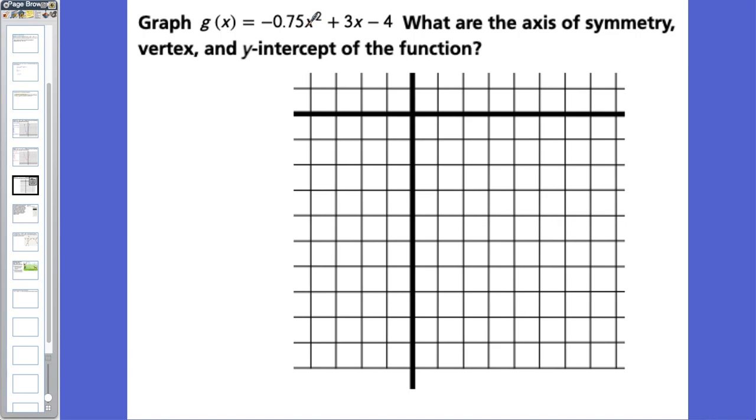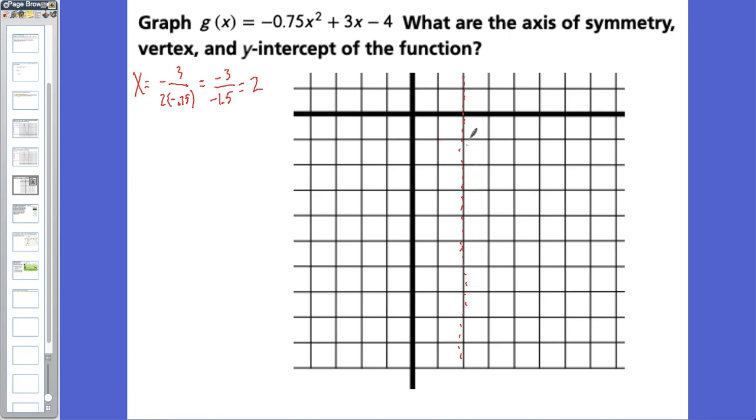Vertex is going to be x equals negative b over 2 times a, which is negative 0.75. So that is negative 3 over negative 1.5, which is 2. So my line of symmetry is going to be at x equals 2.